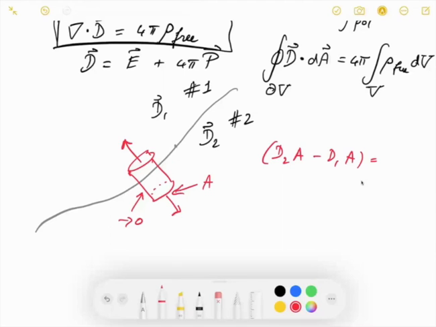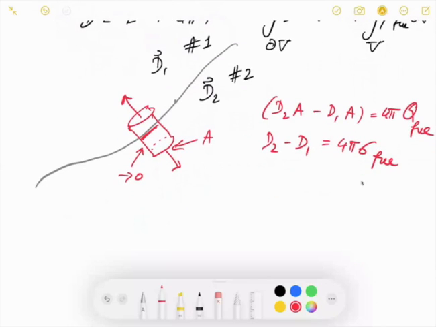Now, this enclosed charge would be the charge that sits right at that surface, and that will be 4 pi times Q, and that will be Q free. We can divide out A, and we get D2 minus D1 equals 4 pi sigma free. Okay, so that's our boundary condition.